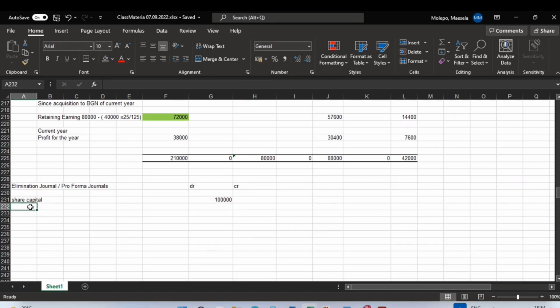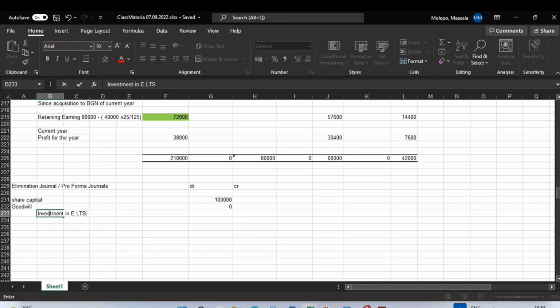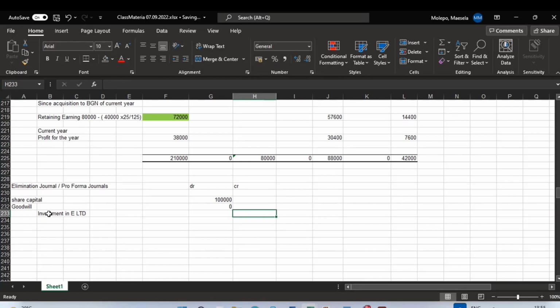We don't have a goodwill. Goodwill is nil. Then we have the investment, invested by 80,000.